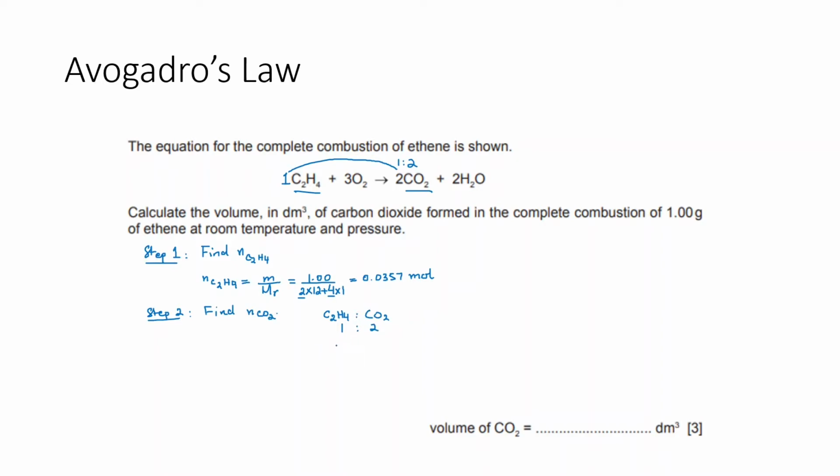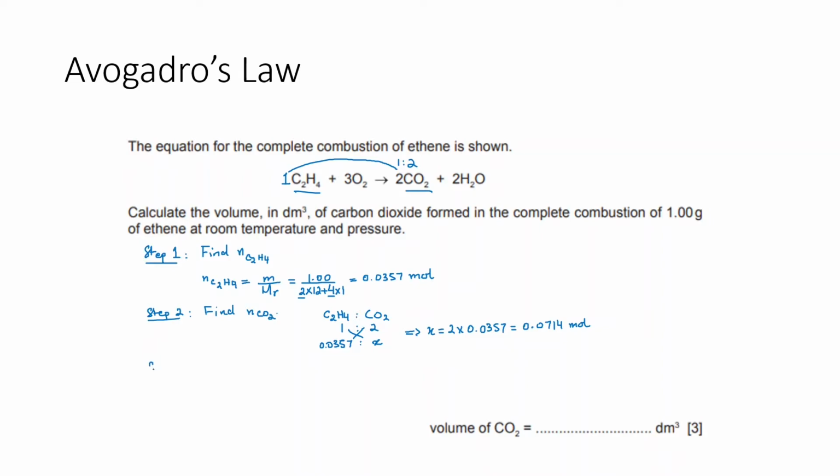So if I have 0.0357 moles of ethene, that is to a ratio X. I will cross multiply, and that gives me X equals 2 times 0.0357, which is 0.0714 moles of carbon dioxide.